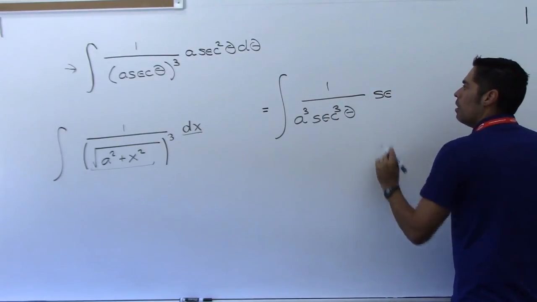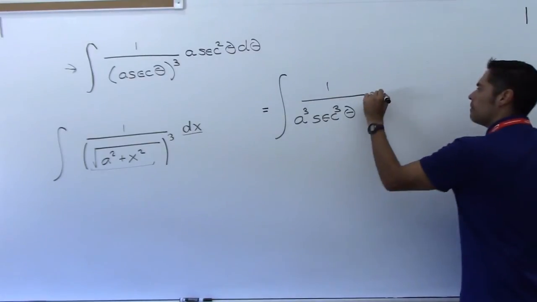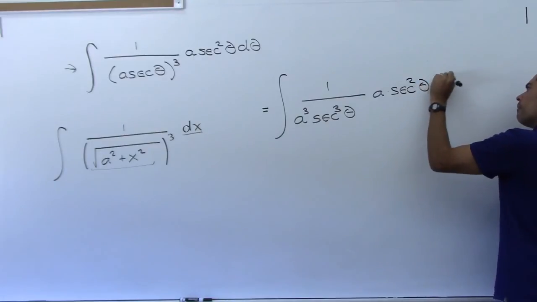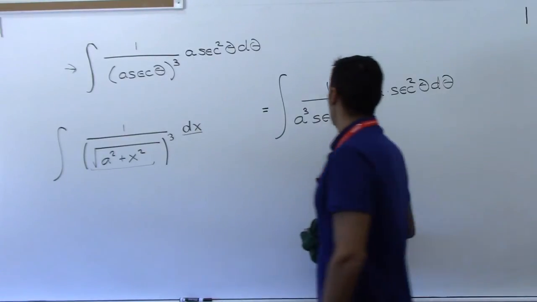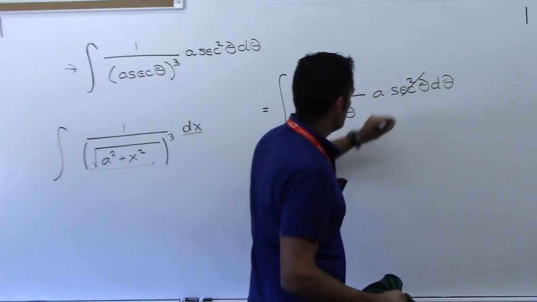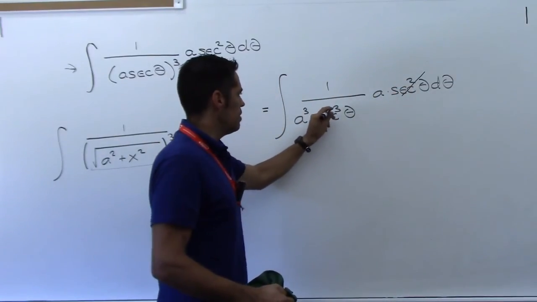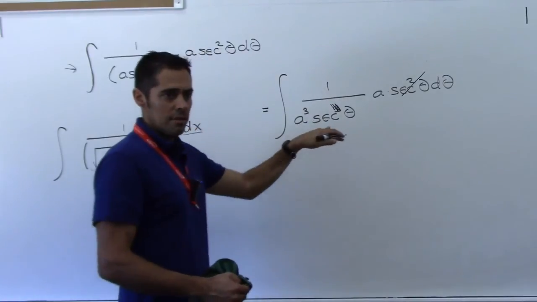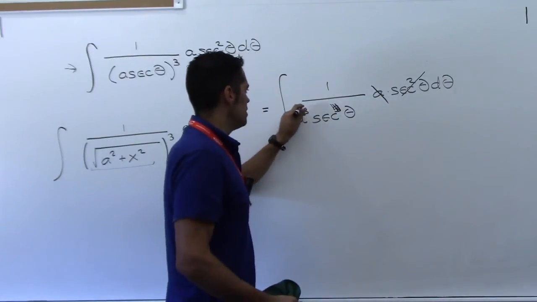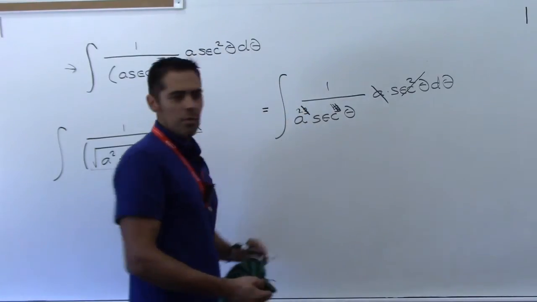All right. So we get the secant squared to cancel out completely with two of the factors. That leaves you with just one secant on the bottom. And then this a cancels here, and you get a squared when you're done.